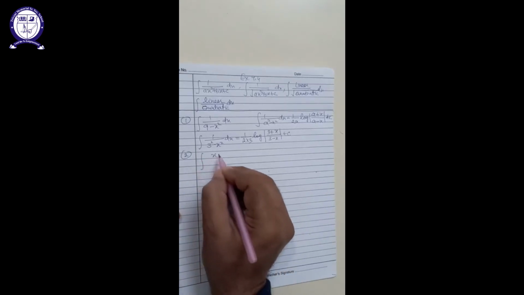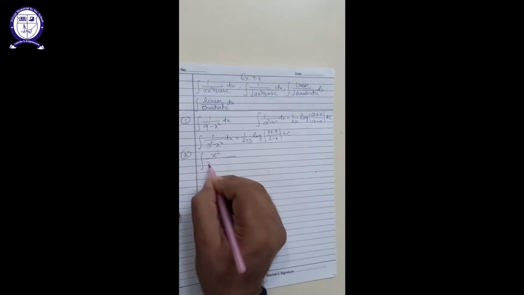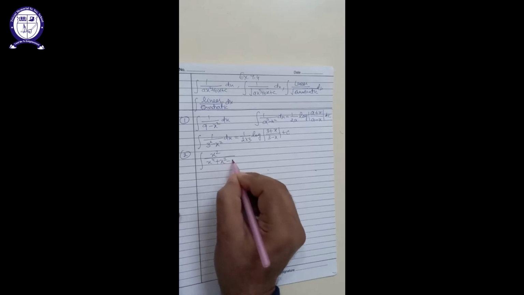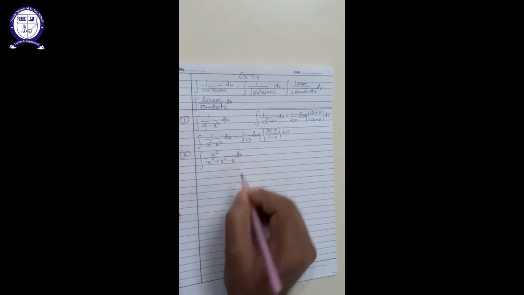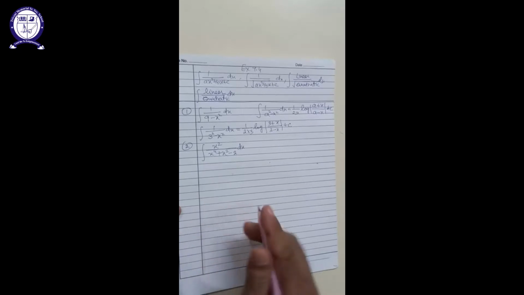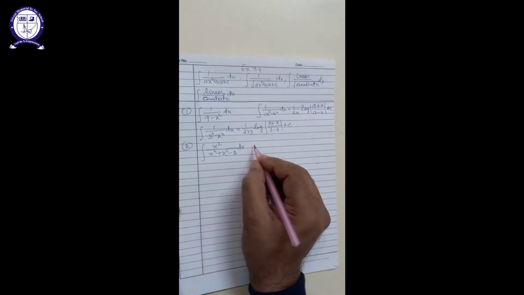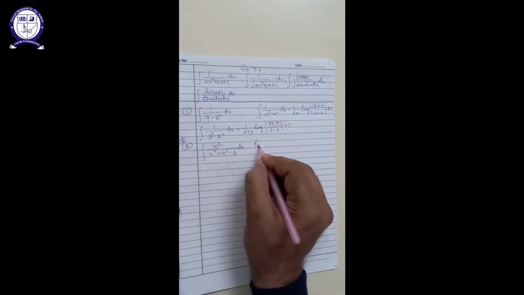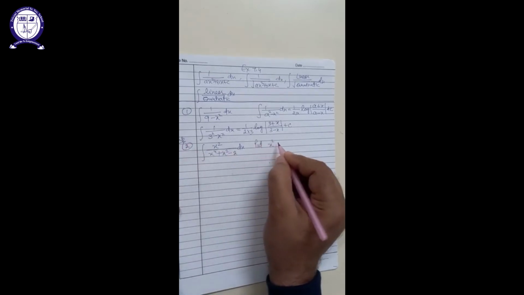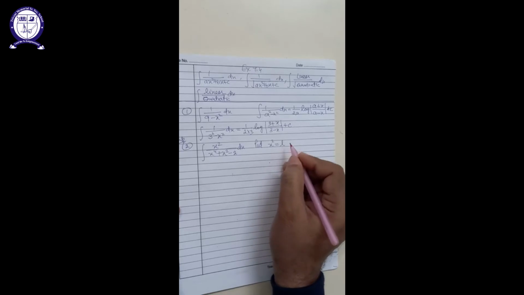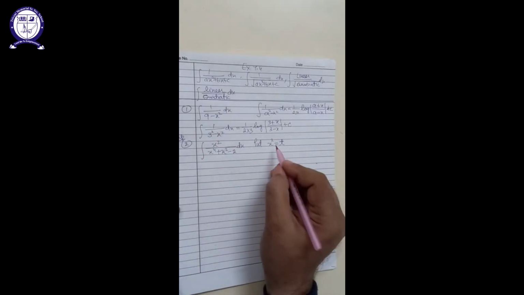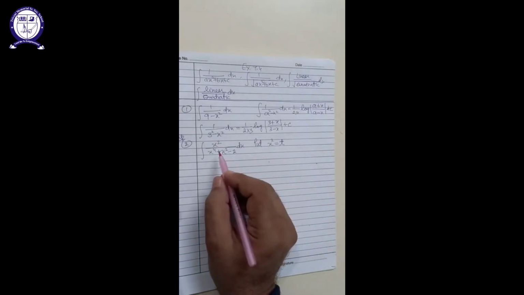Second question: integration of x square upon x to the power 4 plus x square minus 2 dx. This is an important question. Put x square equal to t.